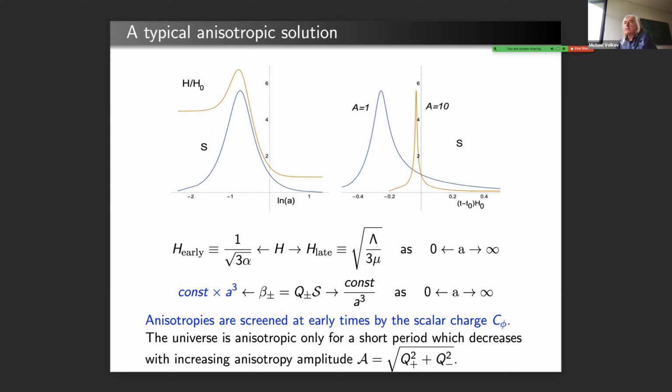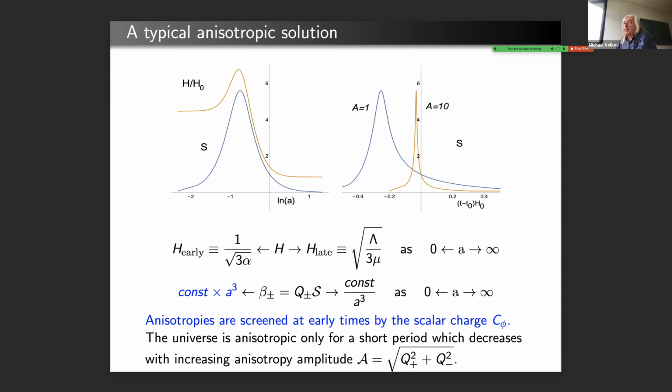Here, S is the function which determines anisotropies, and we see that it vanishes both at late times and at early times. And in fact, at late times it vanishes as usual as 1 over a cube, but at early times it approaches 0 as a to the power plus a cube. So it vanishes in both limits.